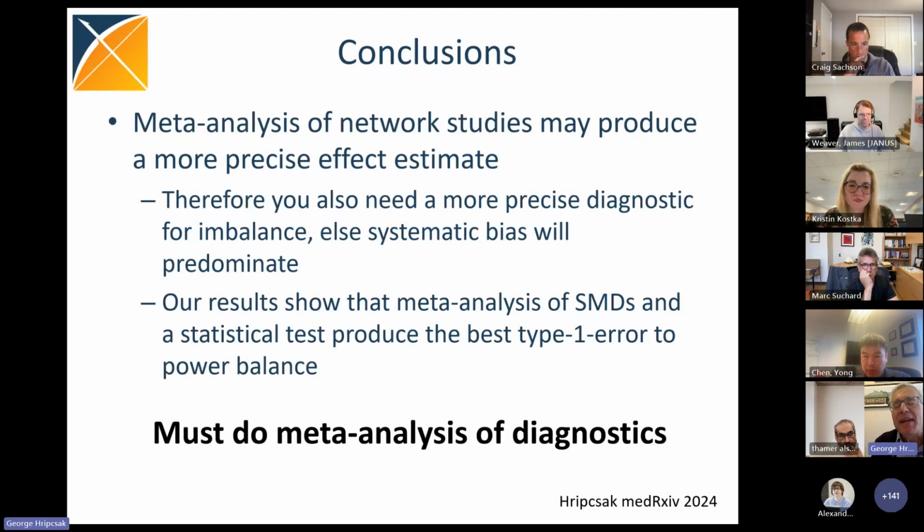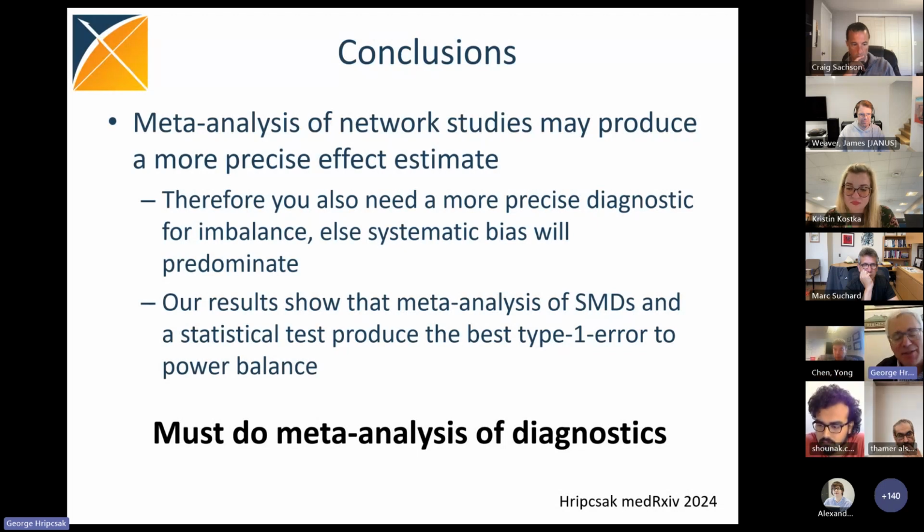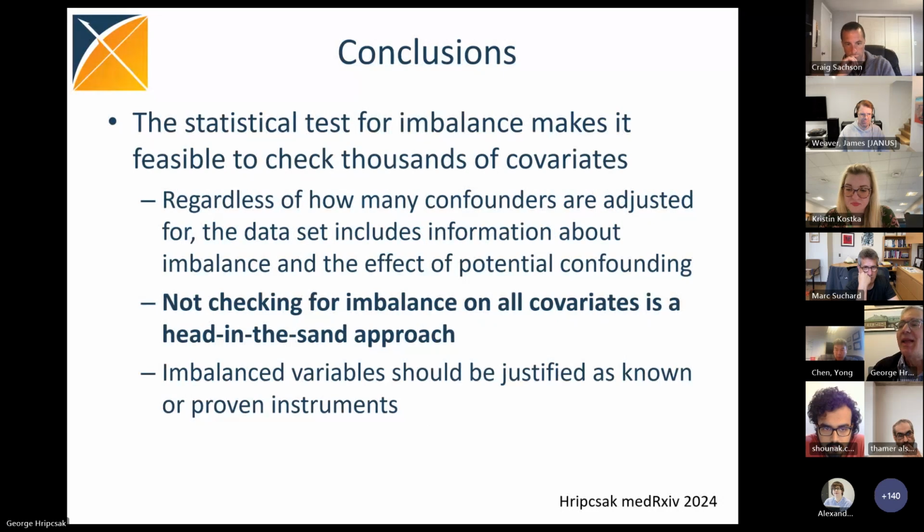If you do a meta-analysis of your effect estimate, you have to do a meta-analysis of your diagnostics also. That's a general concept. So that's shown here, which I demonstrated. Let's say you're not an OHDSI, you only check for 10 covariates that you think are confounders. You ignore the other 60,000 variables.